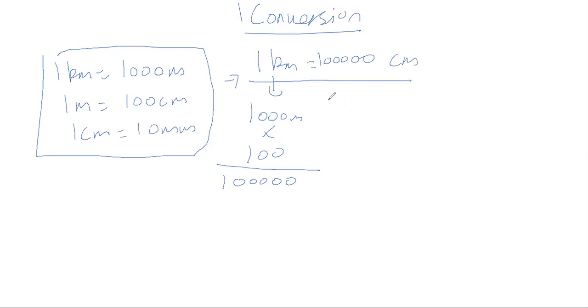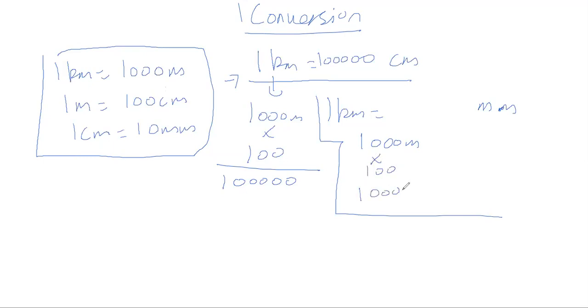Now, if you want to convert 1 kilometer into how many millimeters, we will again do the same process. We know that in 1 kilometer there are 1,000 meters. Then in 1 meter there are 100 centimeters, so 1,000 into 100 is the same stuff. This becomes 1, 2, 3, 4, 5 zeros centimeters.